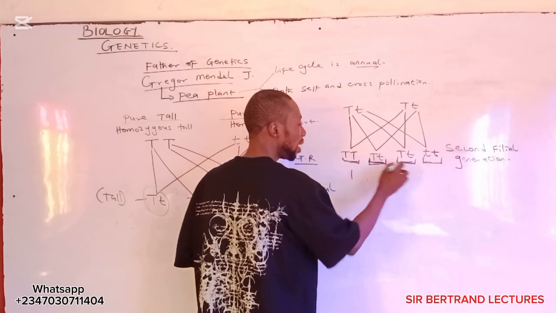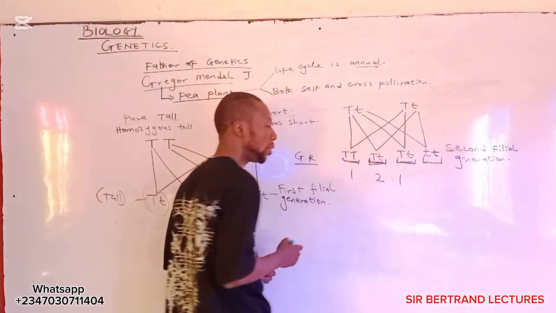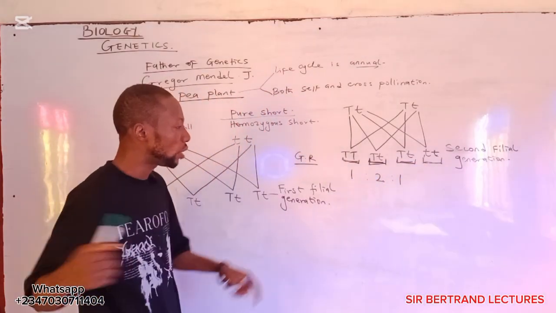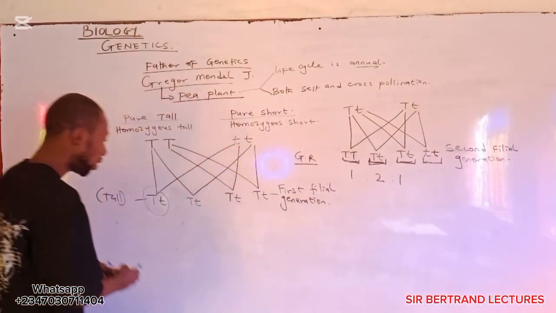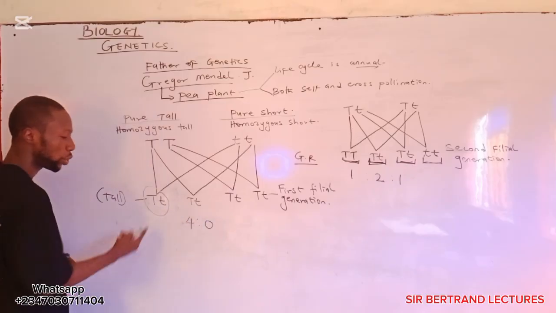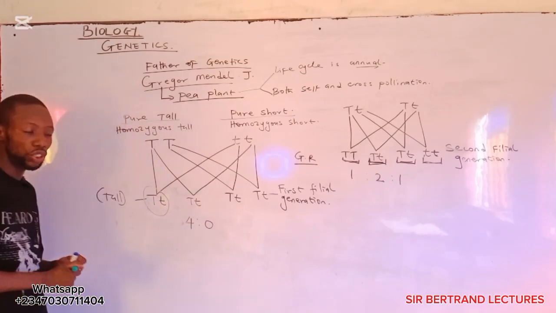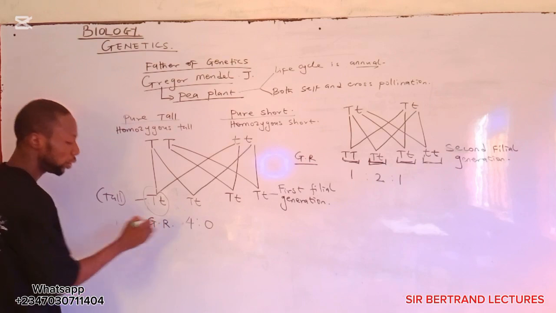Then these guys here are 2, and this one is a single 1. So the genotypic ratio is 1:2:1. Then here, the genotypic ratio is 4:0 because all of them are the same gene. All right, this is the genotypic ratio.